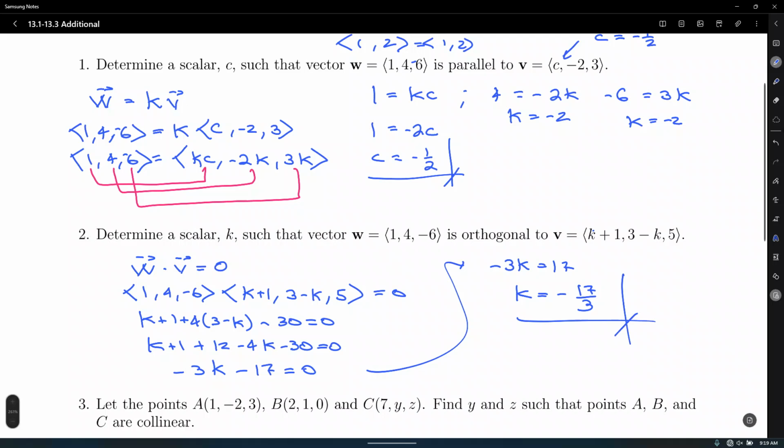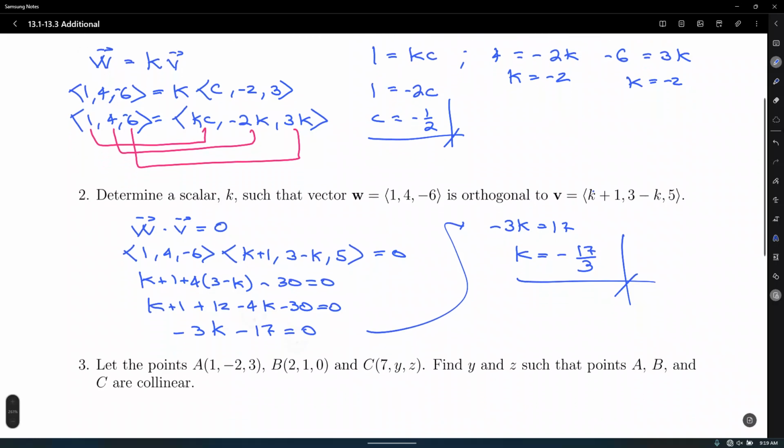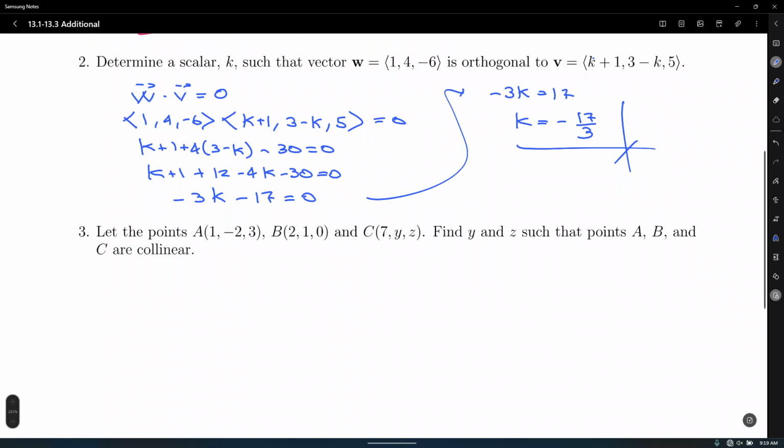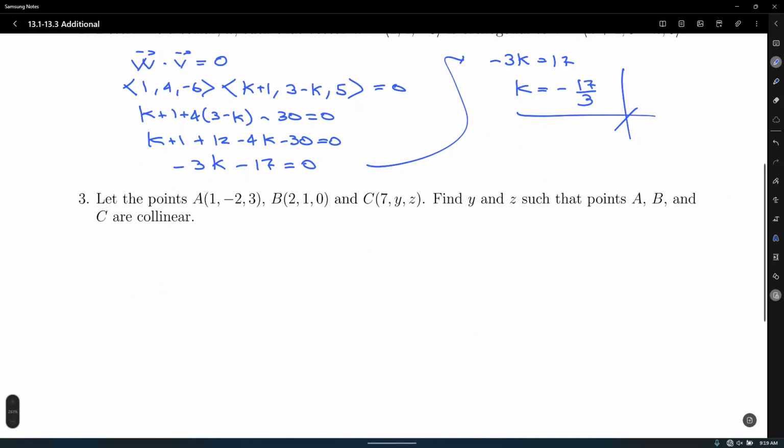And another classical geometry problem. Well, so we're given 3 points, 3 ordered triples here, for which the first two we know the 3 coordinates. However, for the third point, we don't know 2 of the coordinates, the y and the z coordinate. So they're asking us to find the y and z such that the points are collinear.